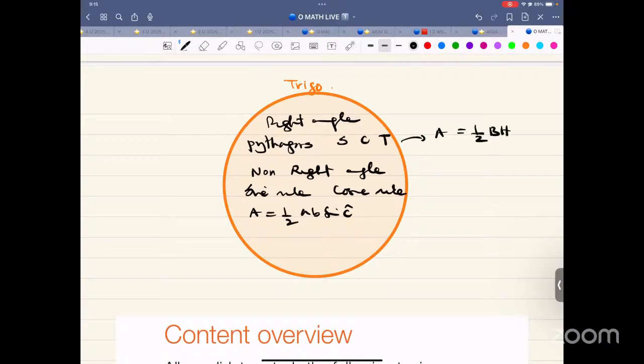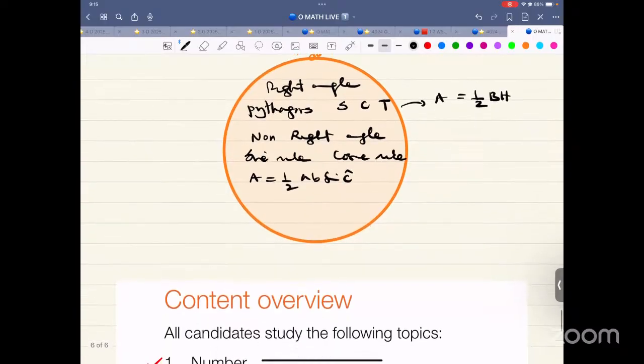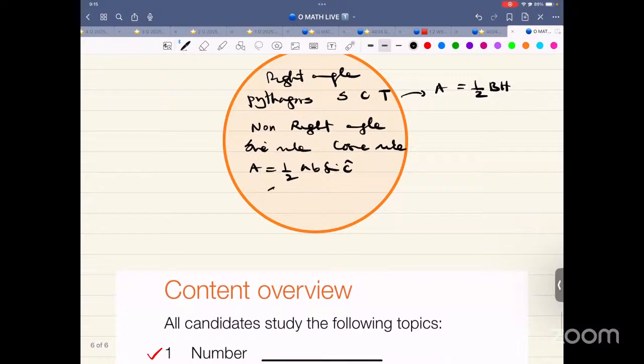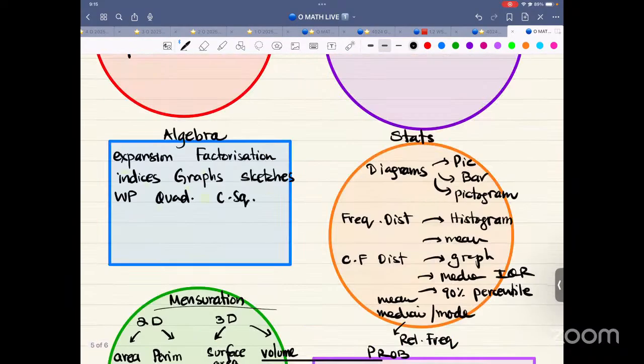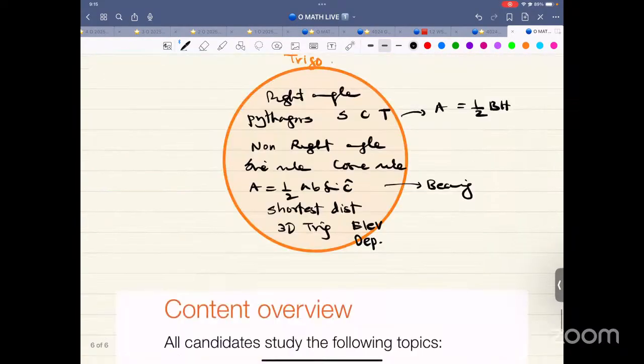That is already part of geometry and all these things. And then shortest distance, 3D trigonometry, elevation, depression, and what else? Bearing. So that's the whole syllabus right in front of you.